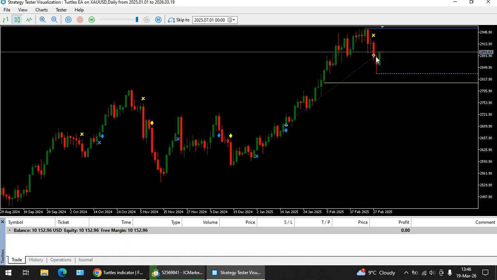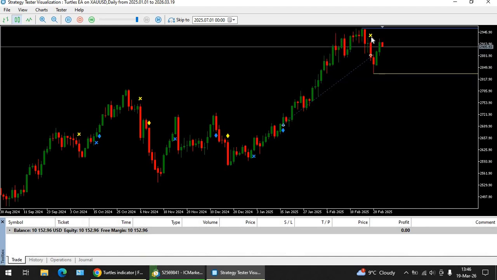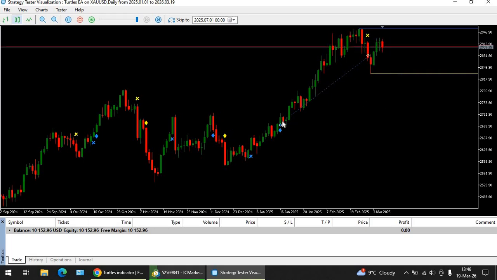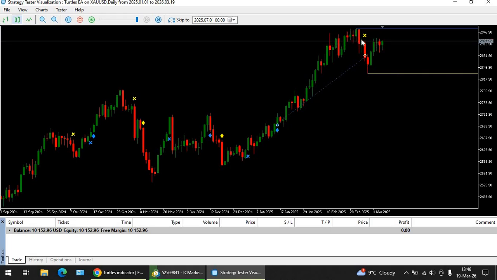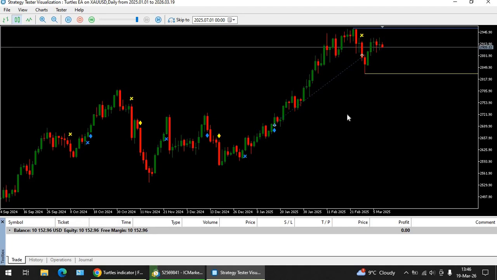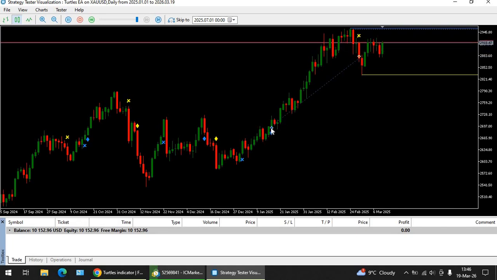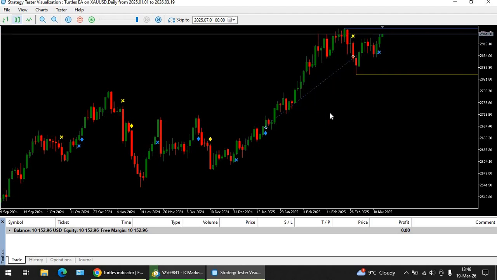You see the trade was closed here, at the trail stop level, and also the candle is marked with an X to know that between this blue diamond and this X a trade was opened. And of course you can see the history, from which level up to which level it went.